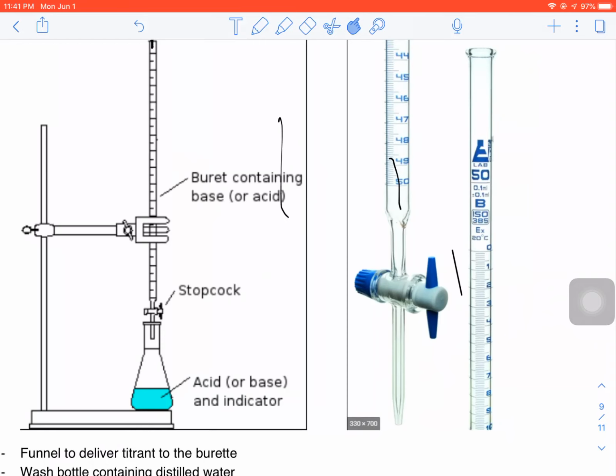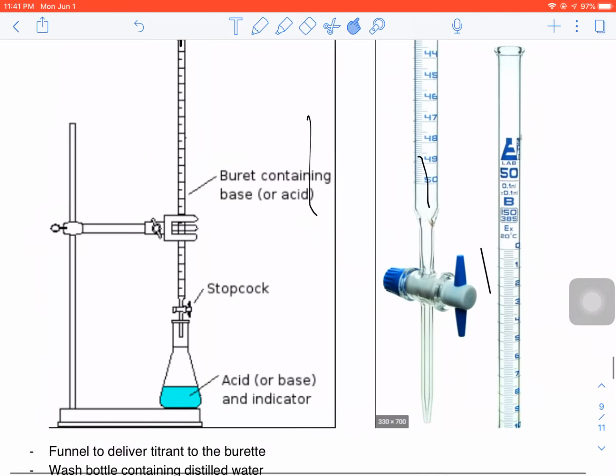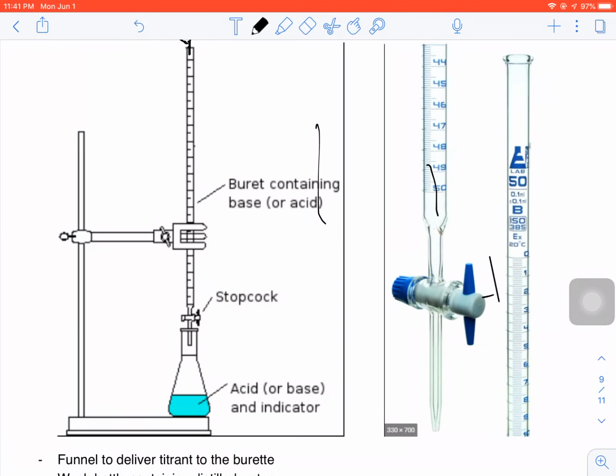Usually it will be in this closed position, and then I will turn it a little bit until I see drops coming out. Then I will stop it again and see whether I've reached equivalence yet, because the indicator will have turned color.